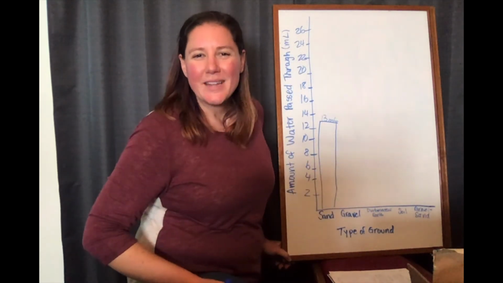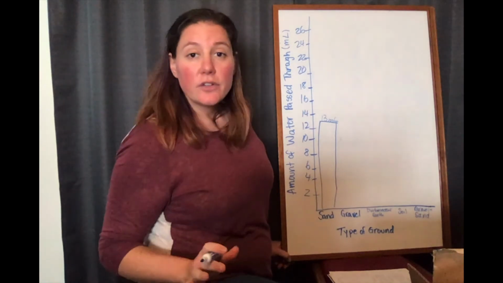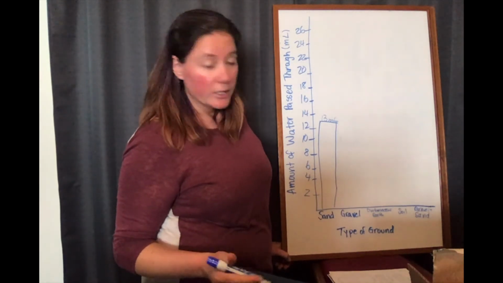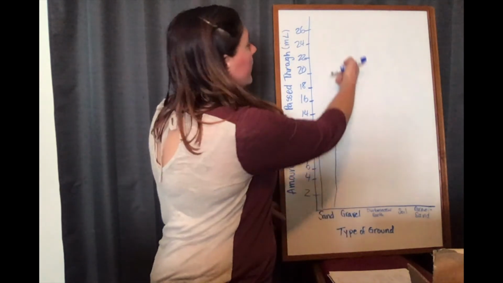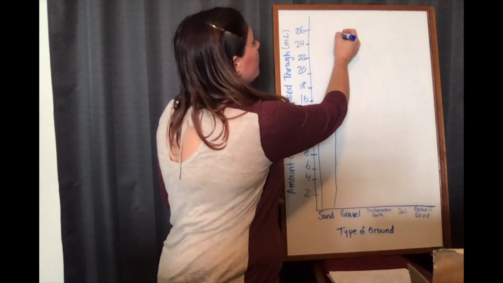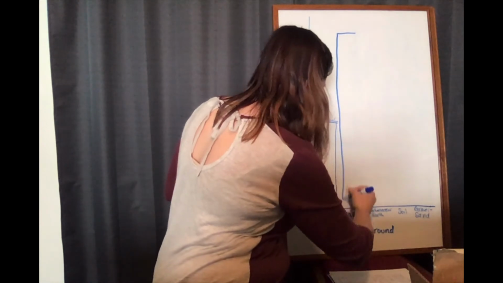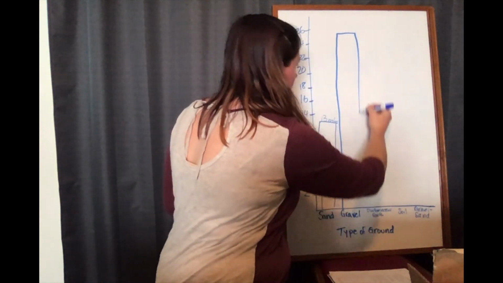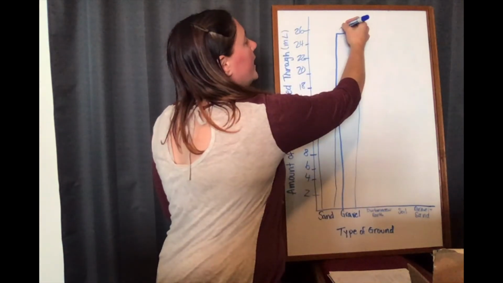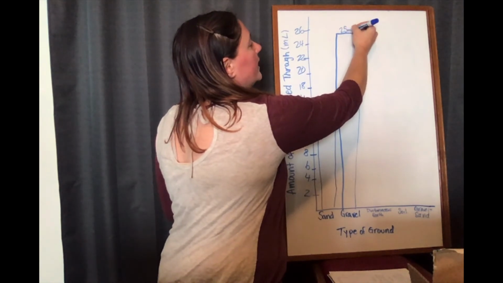That's better, more space. All right, next comes gravel, and gravel had the most, all the way up at 25 milliliters. So I'm gonna go all the way up to the top, find where 25 would be, and then bring my bar back down. And again, I like to label at the top so I can read it easily as I'm looking at my graph.